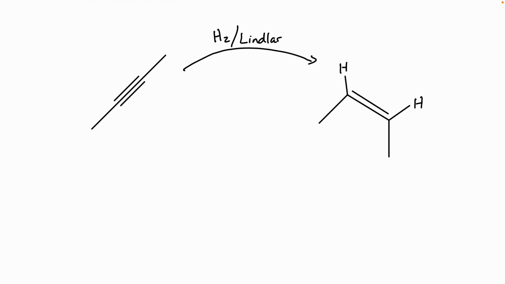But let's note, we also know how to go the other direction. This is another reaction that we learned last class, where you first take an alkene, do a halogenation reaction to it, and then second follow that up with a strong base, and you can prepare an alkyne. So we know how to go both directions here.